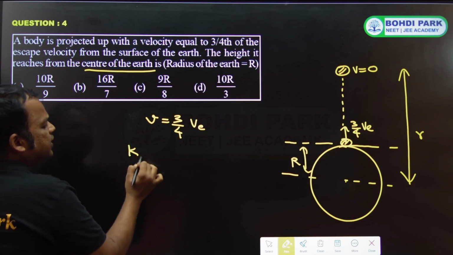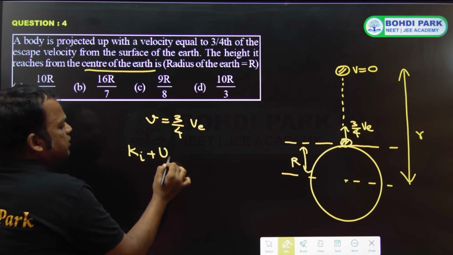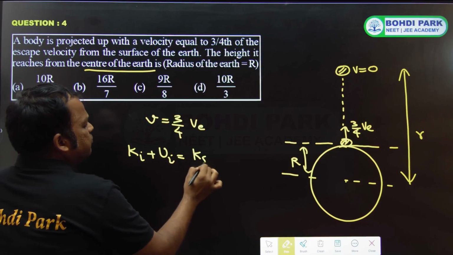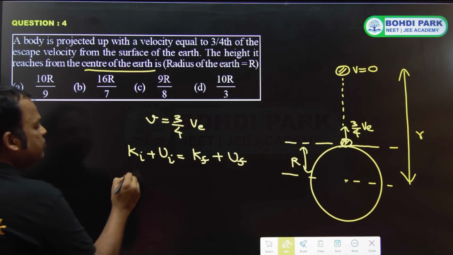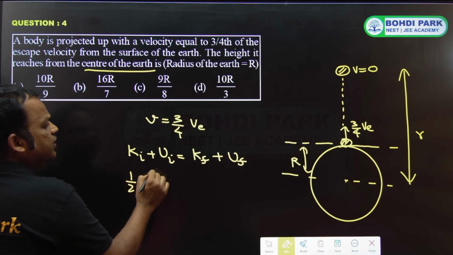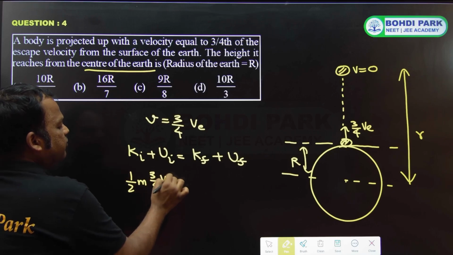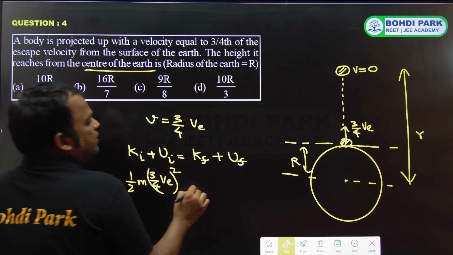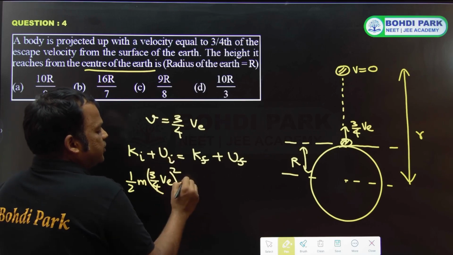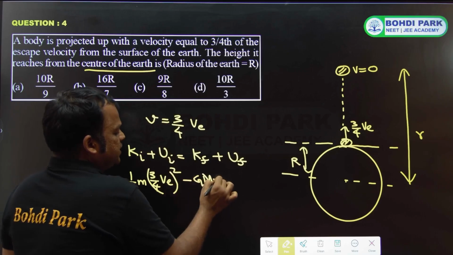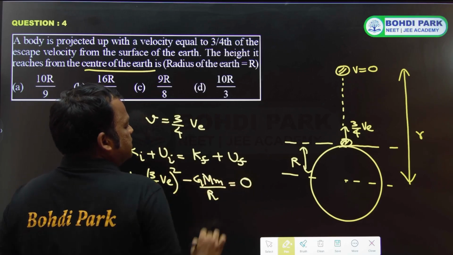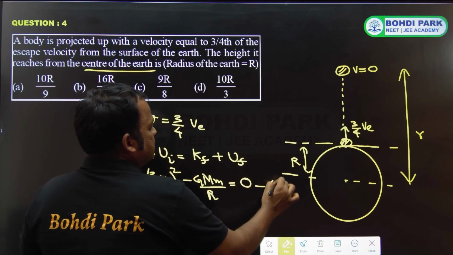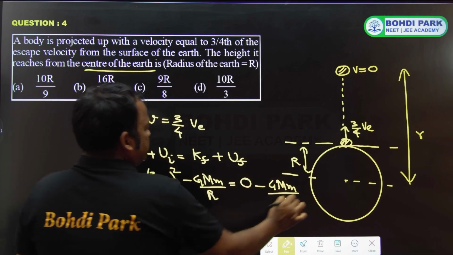So initial kinetic energy plus initial potential energy is equal to final kinetic energy plus final potential energy. So half m into 3 by 4 VE whole square, and then initial potential energy is minus GMm by R, and final kinetic energy is 0, final potential energy is minus GMm by small r.